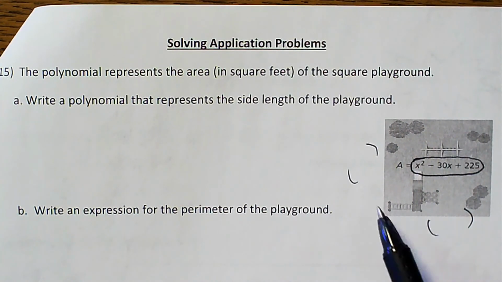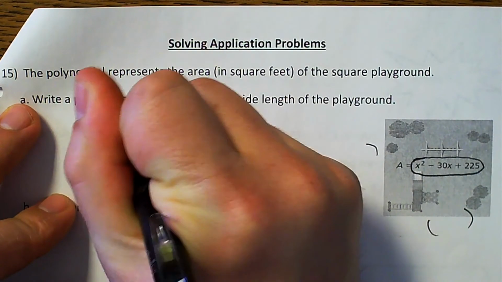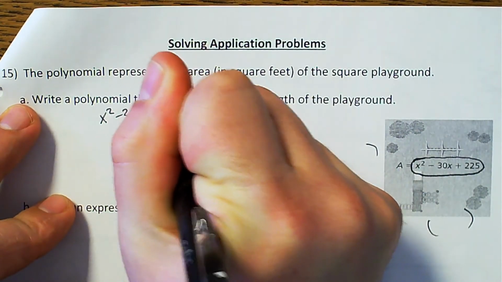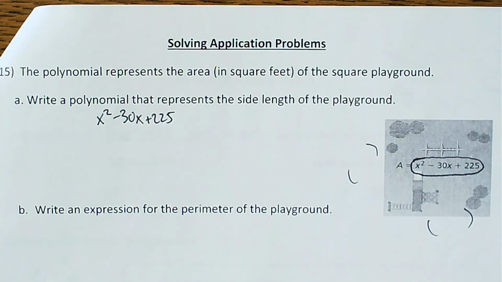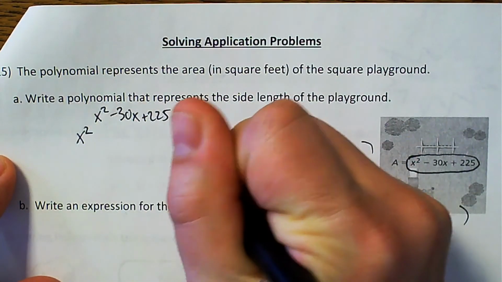So to find the factors of this polynomial, we go back to what we did on Tuesday, which is the factoring by grouping. So we're going to start with x squared minus 30x plus 225. Okay. So this would be like a problem you had on your quiz, right? You're going to drop down the first term and the last term.